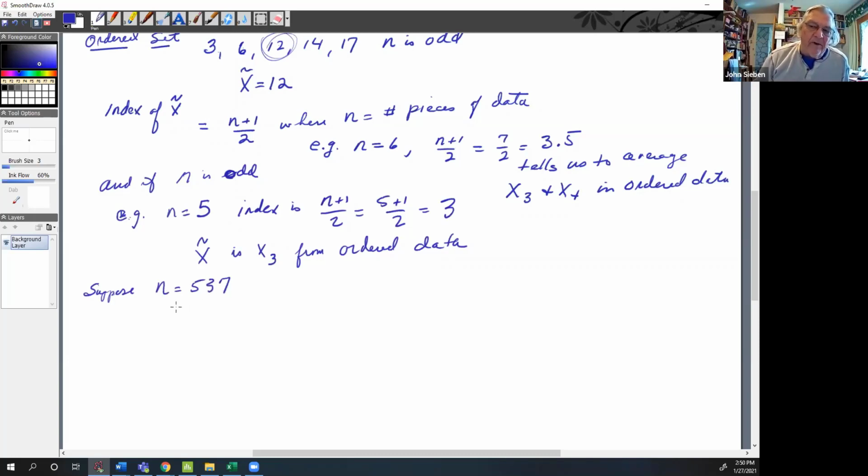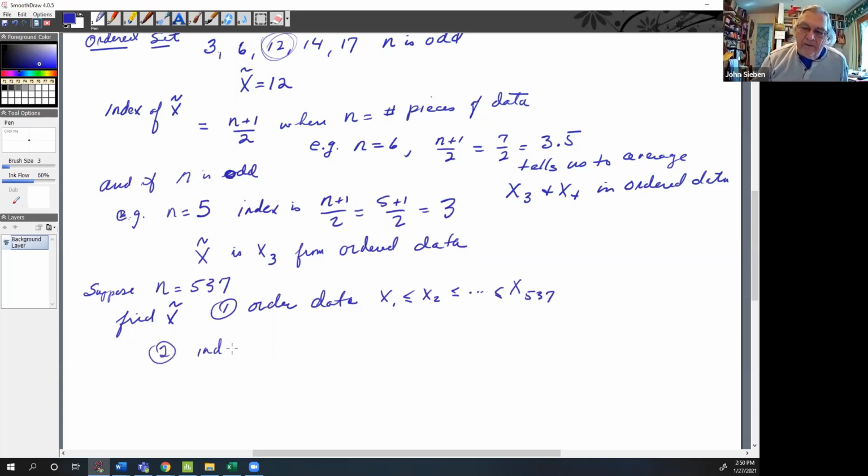We've got 537 pieces of data. Find the median x tilde. Well, what we have to do is, 1, order the data so that x1 is less than or equal to x2 is less than or equal to, and just keep going, less than or equal to x sub 537.